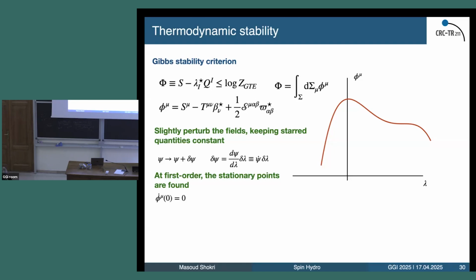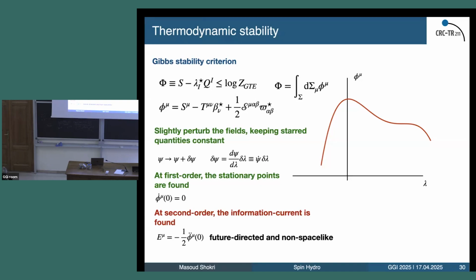Then when you go to second order, this is what Lorenzo calls the information current, which can be built. And this should be future directed and non-spacelike. From this, you will find a stability condition that tells you you're really here and not here.